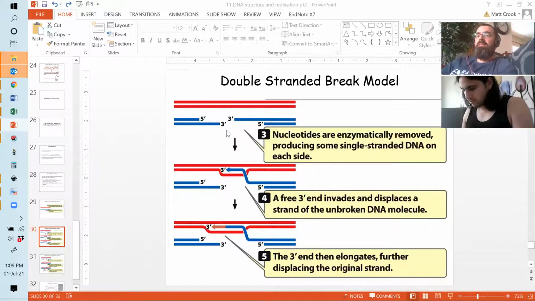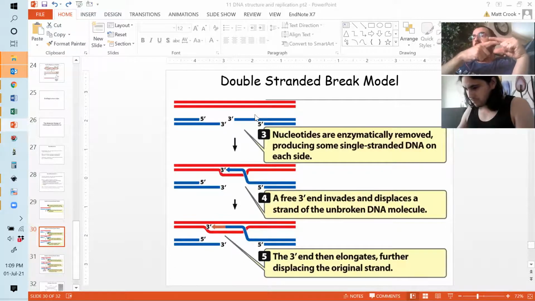So again, this strand up here, this free single-stranded bit, right? So we don't have two strands here. It's been chewed back, so we have one free end, kind of flapping around in the breeze. That weasels its way into the homologous DNA molecule, and base pairs with its counterpart in the other chromosome, like so.